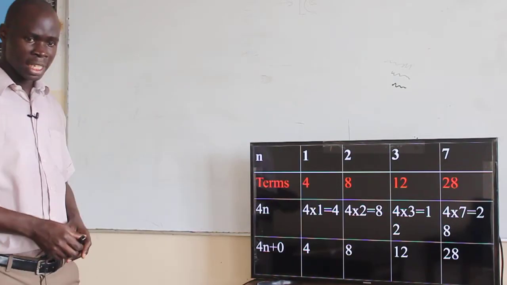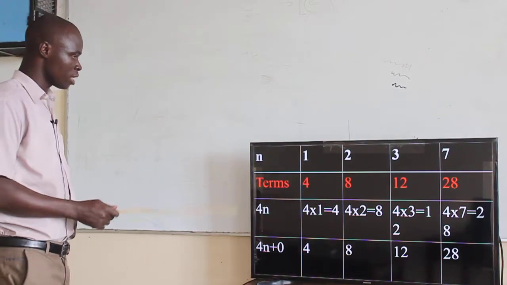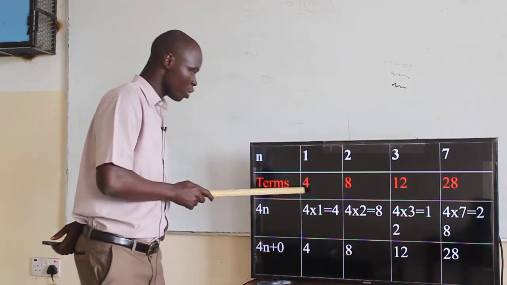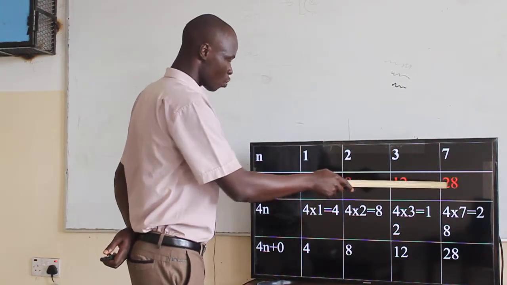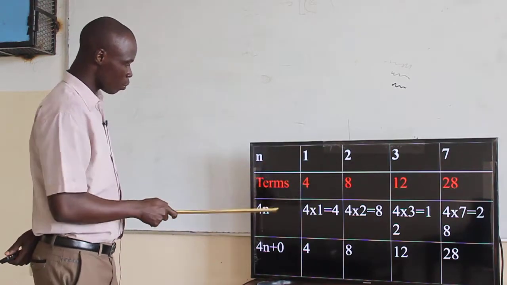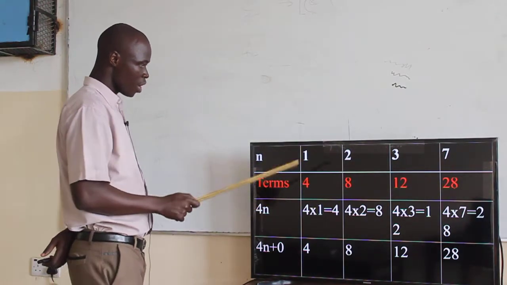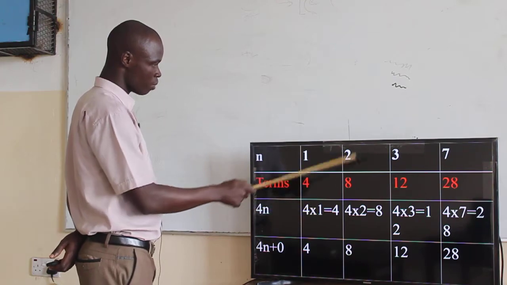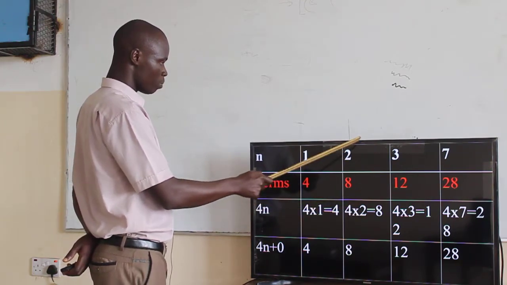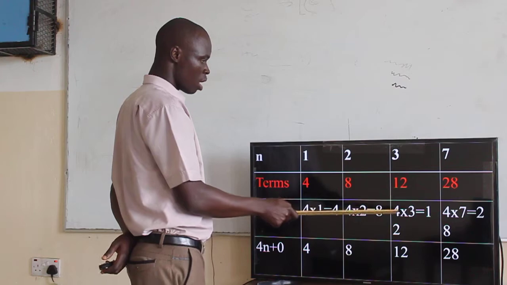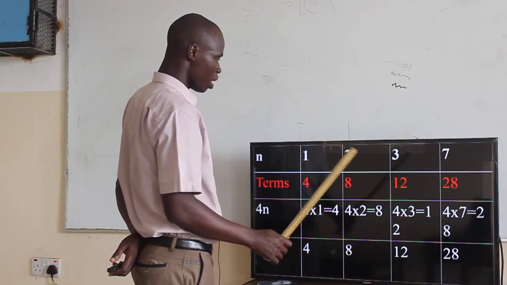Now, after that, you are supposed to calculate what 4n is. We assume that this column is not there. So we look at 4n. When n is 1, you take 4 times 1. When n is 2, you take 4 times 2. When n is 3, you take 4 times 3.